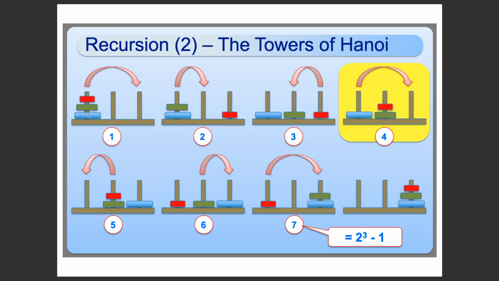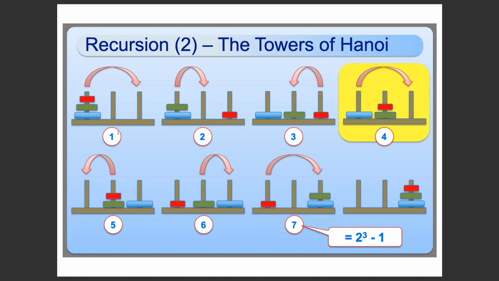So in the initial state, which is this one here, we want this blue disk moved to here, but we can't do that till we've moved 2 of these out of the way. So we can think of one of the steps in solving this problem as moving 2 disks at a time. And moving 2 disks at a time consists of several steps.